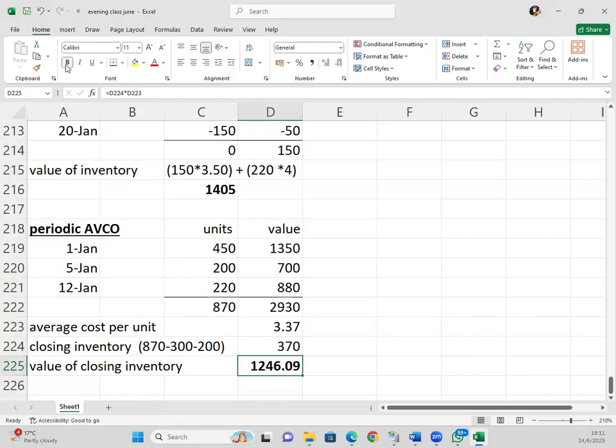That would be the value of our inventory. So work out the average cost per unit first, then calculate how many units you still have in inventory. Then you multiply by the average cost per unit. Take note, the selling price doesn't affect inventory valuation here. We are dealing with the cost.